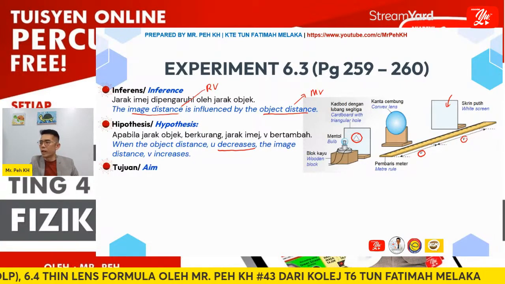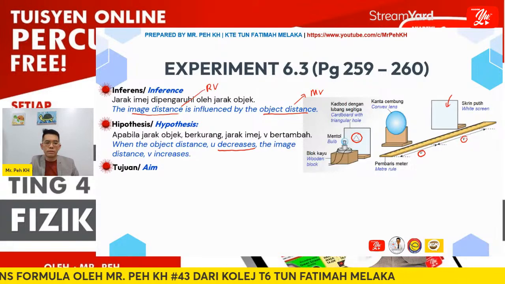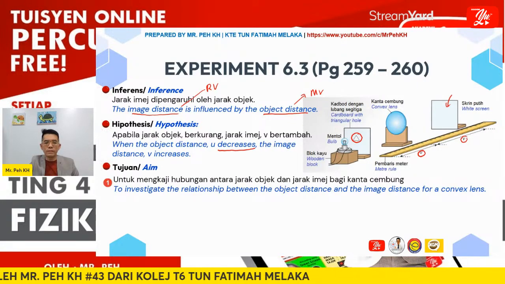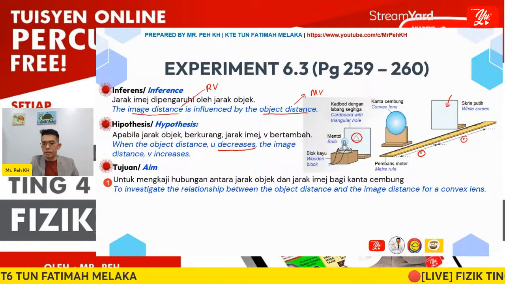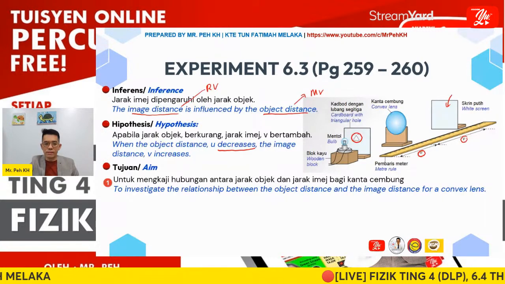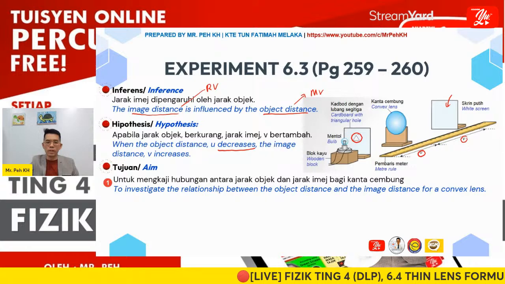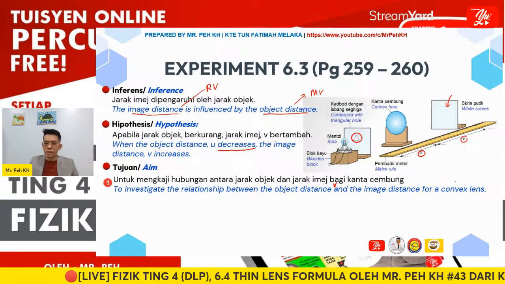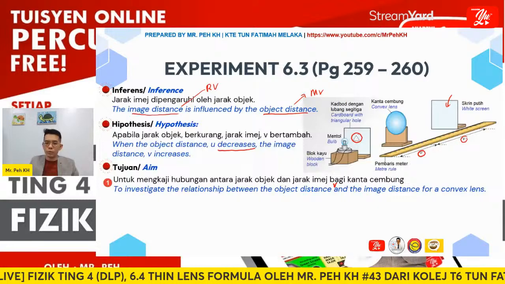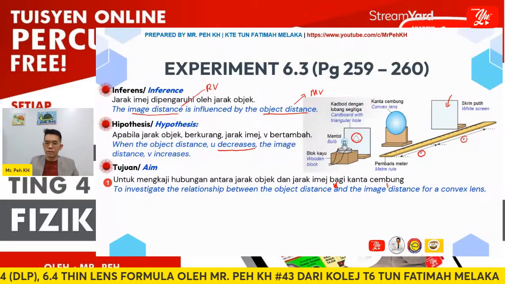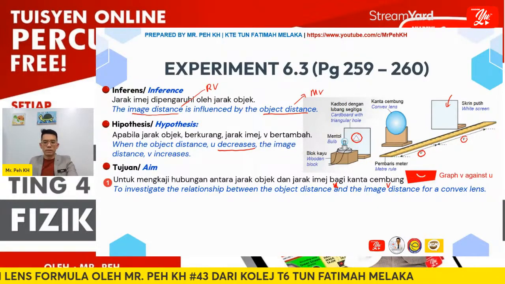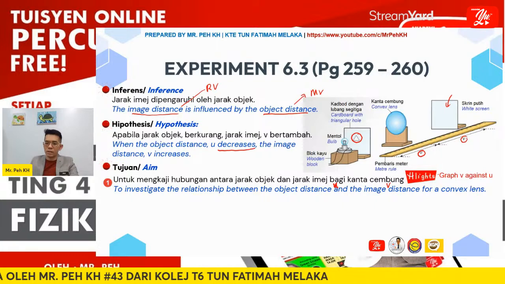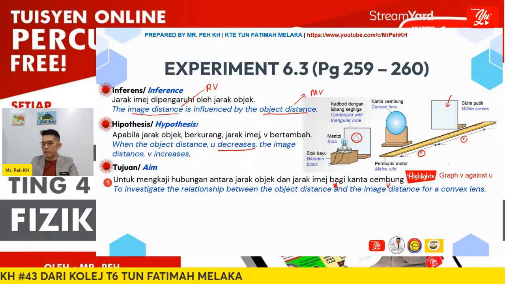And then the aim of the experiment is to investigate the relationship between the object distance and the image distance for a convex lens. So here you want to see the relationship between V and U. This is the highlighted part in our lesson today.